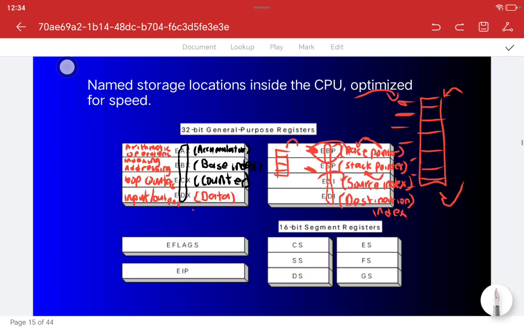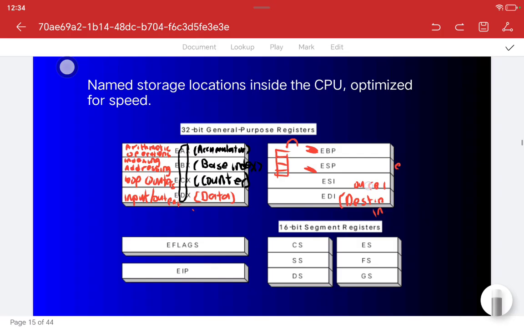Now, when we come to the 16-bit segment registers, we also have what we call segment registers. Let me just erase this. Then we focus on the 16-bit segment.